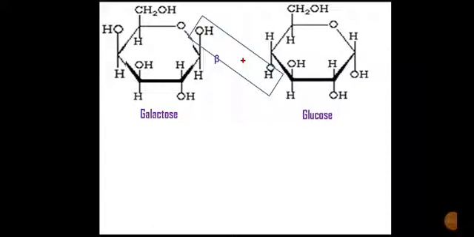There will be a dehydration type of reaction, with removal of one water molecule, that is HOH, and what remains is only oxygen, which is responsible for the formation of the linkage between galactose and glucose.